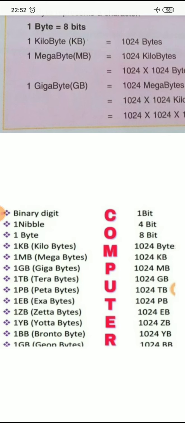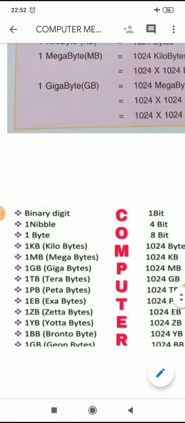Again the next higher unit is a 1024 multiple of the previous one. So 1 terabyte is equal to 1024 GB. 1 petabyte is equal to 1024 terabytes.